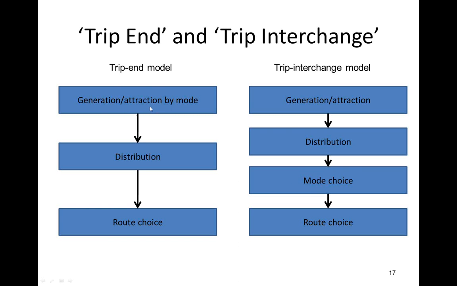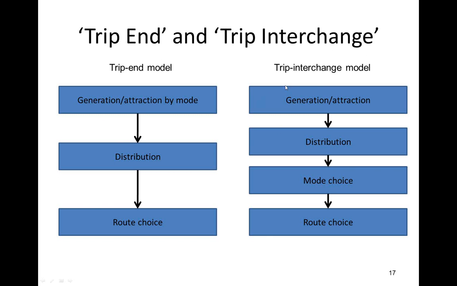This is in the case where, in a particular city, the choice of transport is largely dictated by the availability of a car. Say for example, if you have a car, then there's virtually zero chance of you using public transport. This is the case of, say, a rural town, or even some towns and cities in New Zealand that use this trip end model approach.